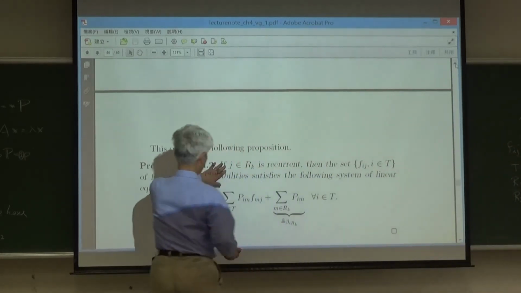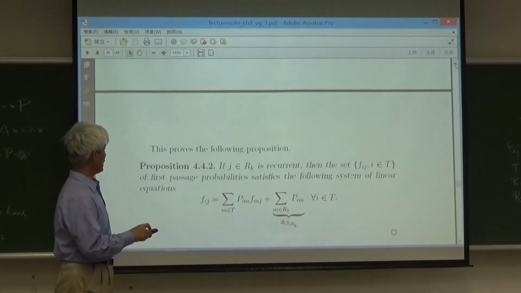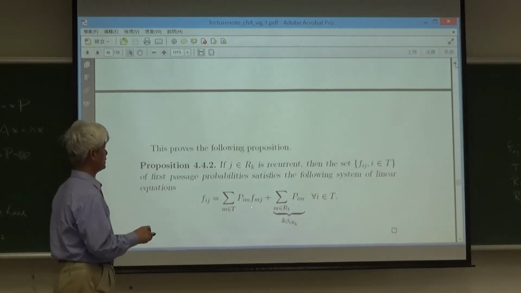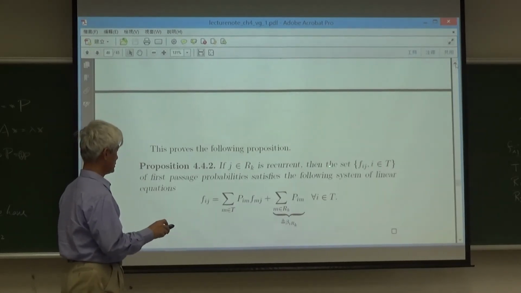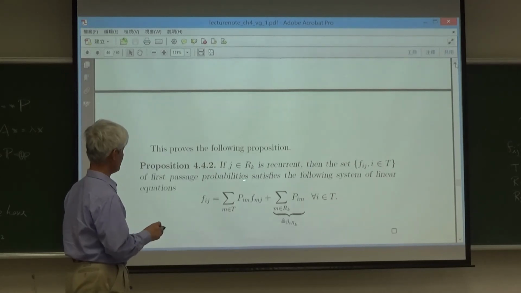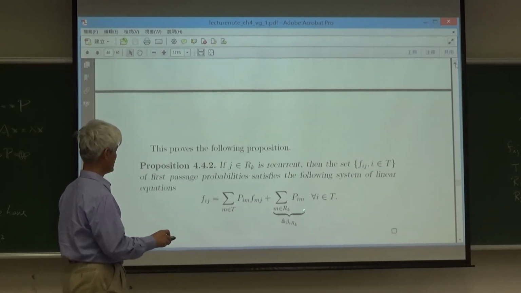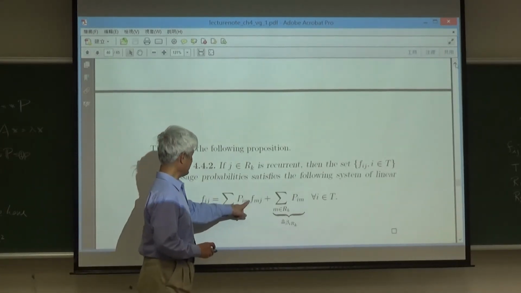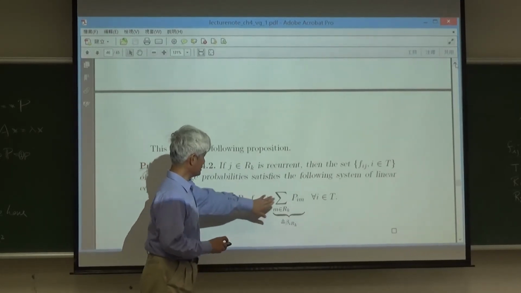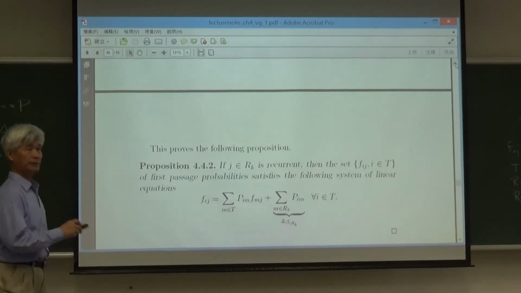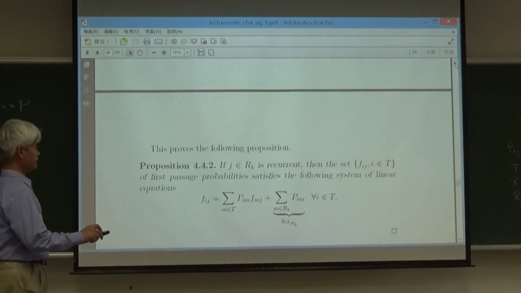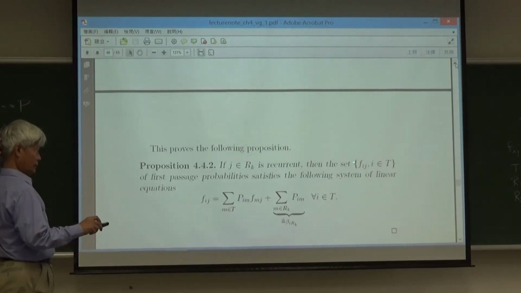So if J is recurrent, and I is a transient state, the set of all the first passage probabilities satisfies this system of linear equations. Okay, and the P_IM and all these terms are known. So you have to solve the system of linear equations. So once you solve this system, you get all the entries F_ij.